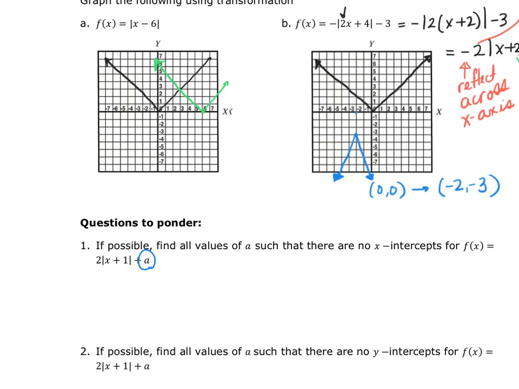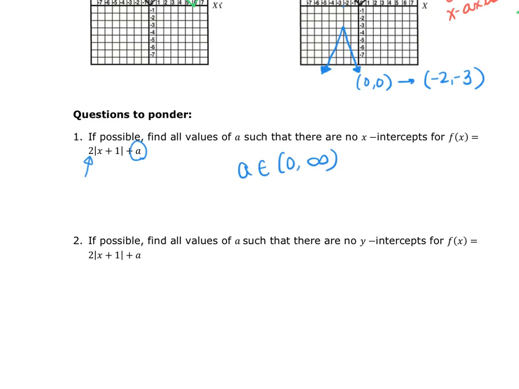So as long as A belongs to the interval from 0 to infinity, I'm going to have no x-intercepts. As long as A is a positive number, because I don't have to worry about any kind of reflection, this thing is just going to move up. And you're never going to have any x-intercepts.